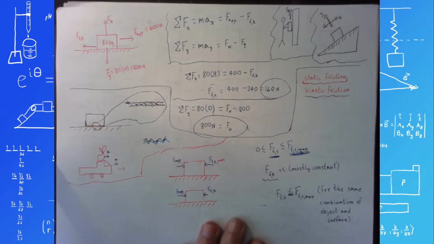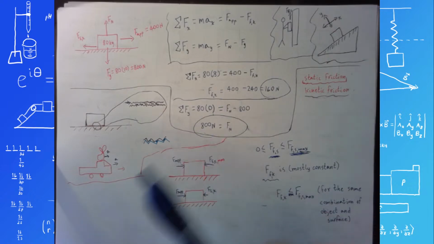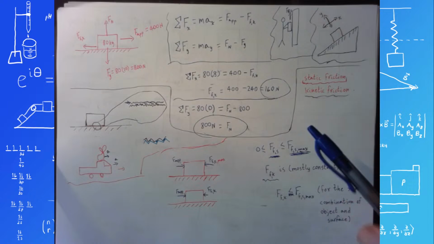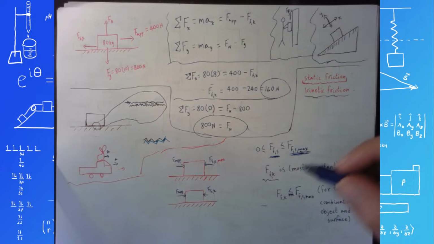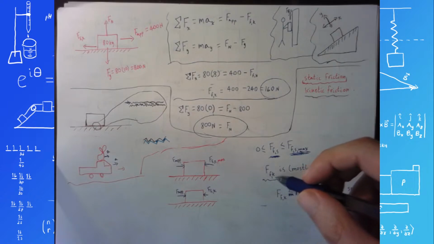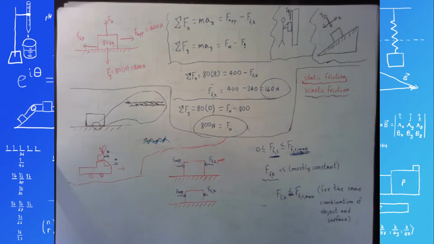So for a lot of these friction problems, you might have to calculate what the maximum static friction is, and then compare that to what the rest of the forces on the object are doing. And if the total of the remaining forces is greater than what the maximum friction can keep up with, then you forget about static friction entirely and you switch to kinetic friction.